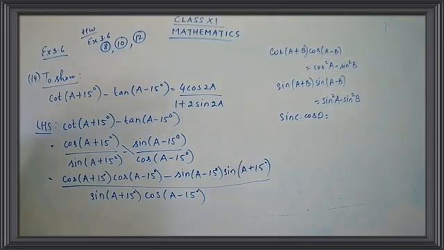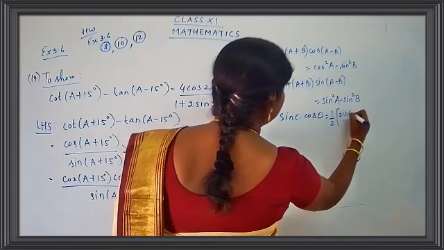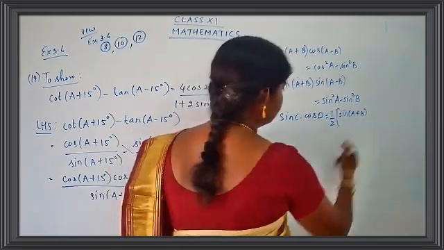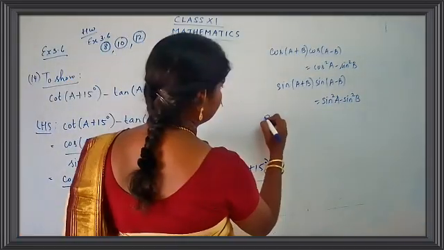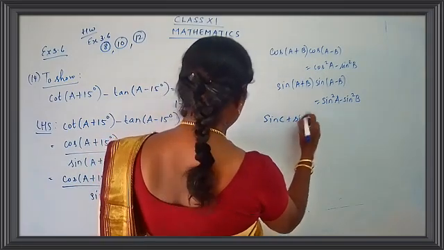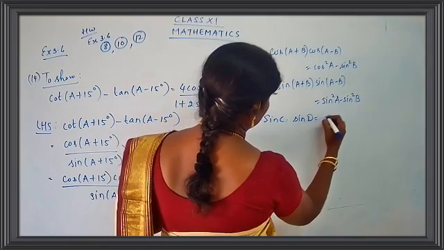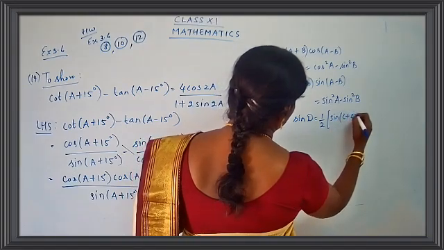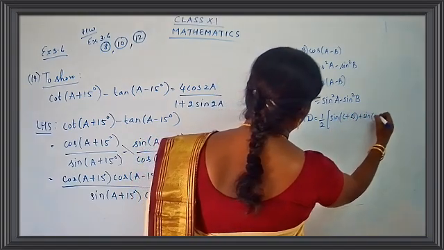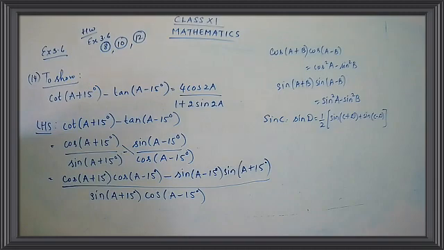So sine cos, first formula, yes. So half of sine A plus B. What is the main sign? Plus. Sine C into sine D is half of sine(C plus D) plus sine(C minus D).